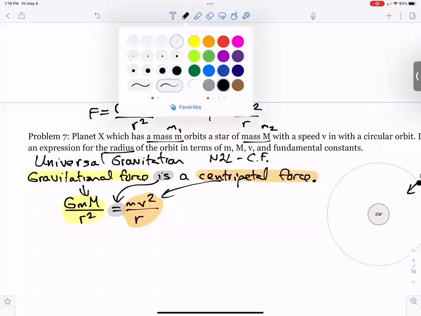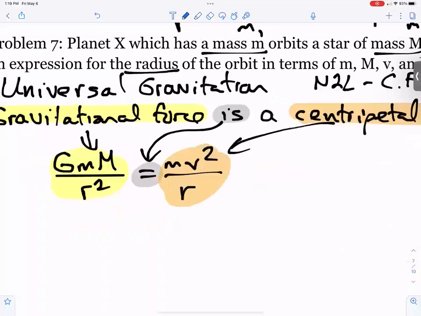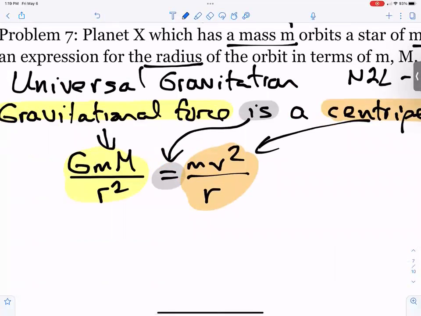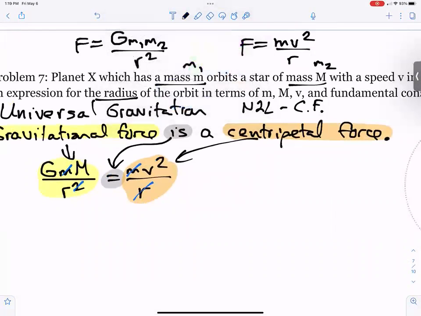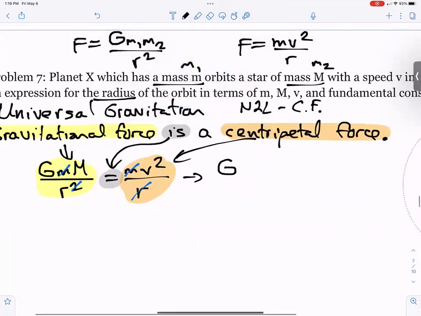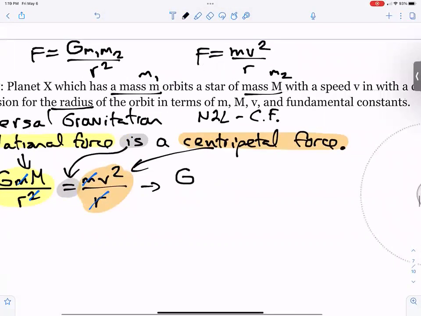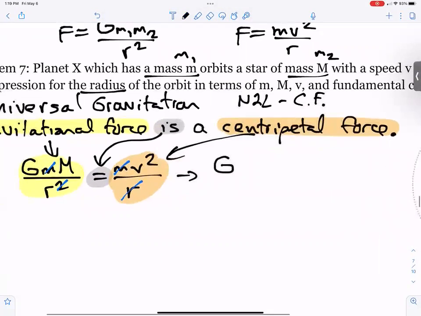Now, you should also notice that a couple things are about to happen. Little m is a factor on both sides and will cancel, and one factor of r will cancel on both sides. So this is going to neatly reduce itself to big G, which is the gravitational constant, your fundamental constant right there, times big M, which is the mass of the star, divided by r equals v squared.